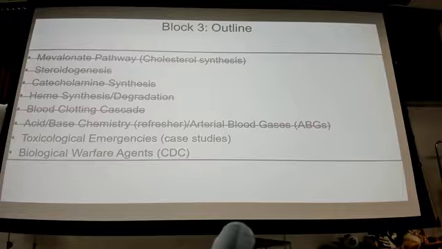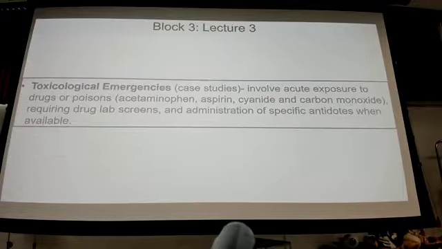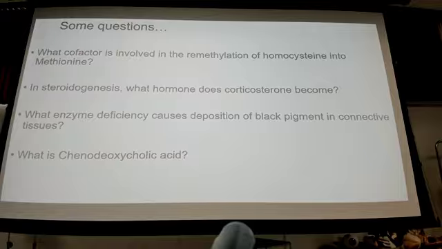Okay, so let's do a little review. First question, what cofactor is involved in the remethylation of homocysteine into methionine? B12, right? B12 is the answer. And what is the substrate that donates the methyl group?